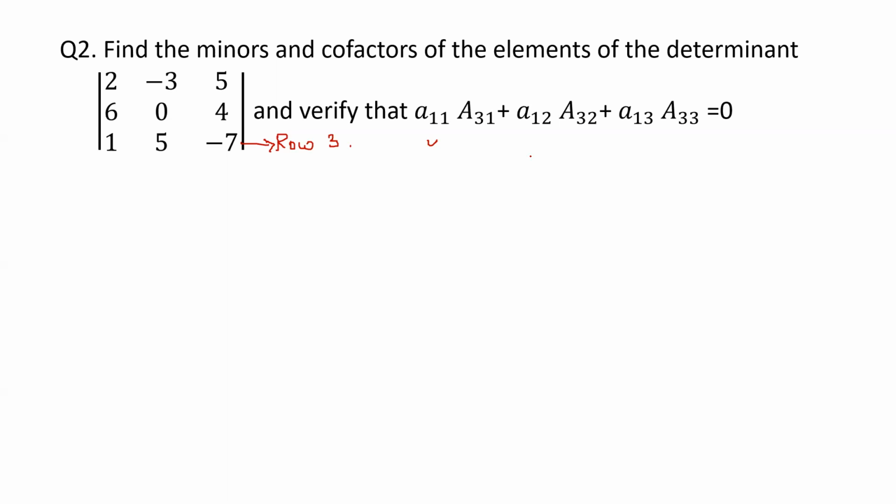So the minors are 12, 38, and 18. Zed, did you get the minor? Yes, sir. Okay, then please verify this A11, A31. Please check this.